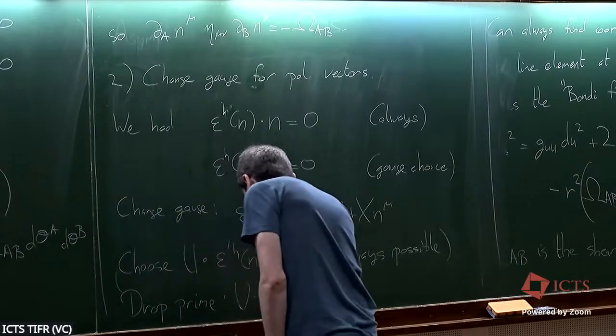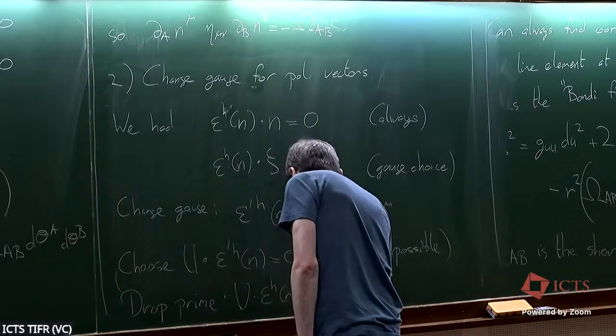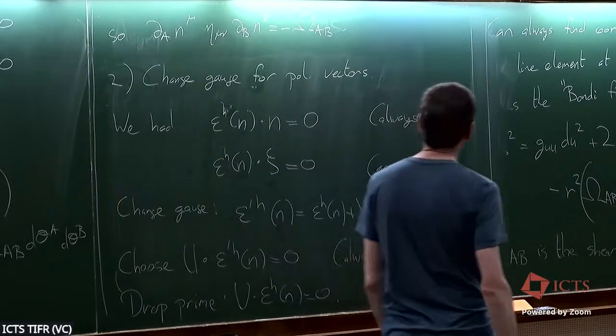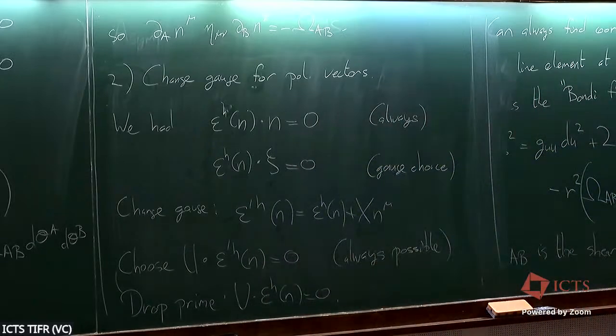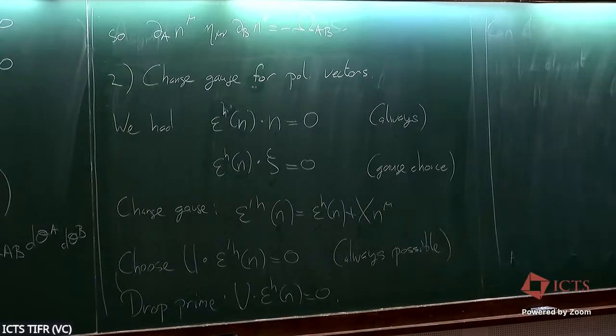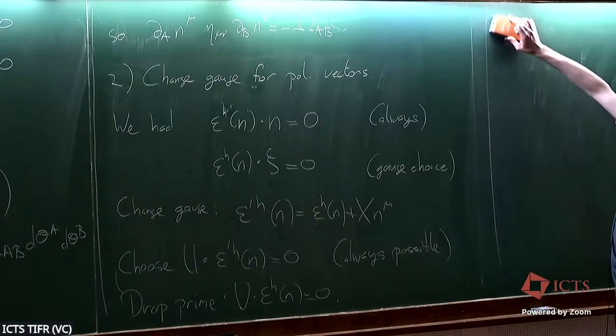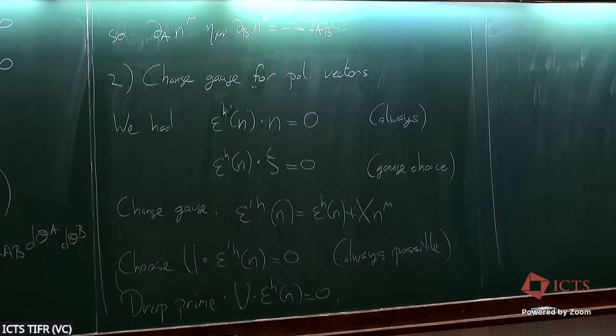So I'm just going to assume now that we have this choice. So the important thing to remember about this Bondi choice is just that the shear is the d theta A, d theta B part of the line element.